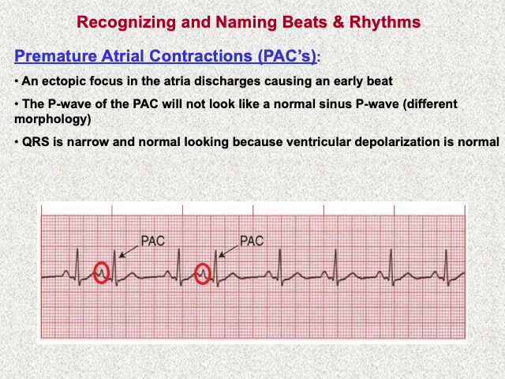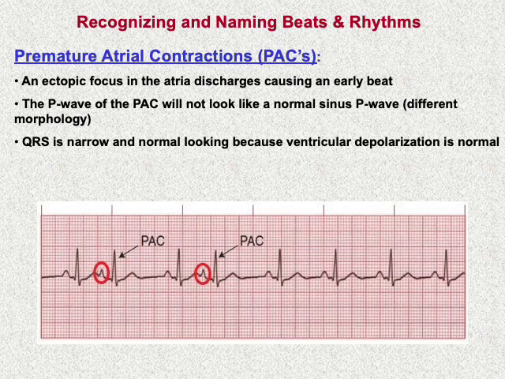This is the normal sinus rhythm. So if one comes earlier than the P wave from the SA node, the term is premature atrial contraction, or premature atrial depolarization, or atrial extrasystole.